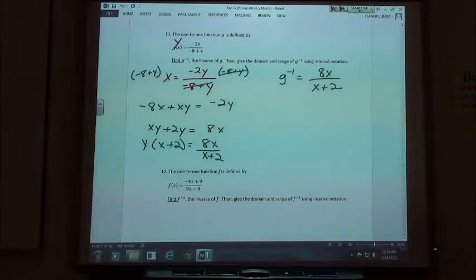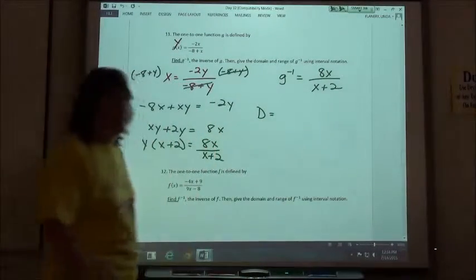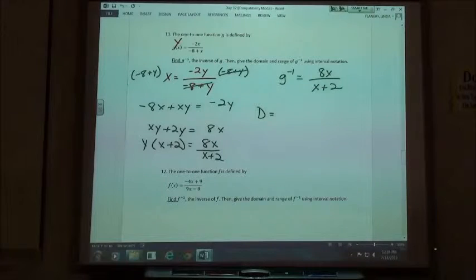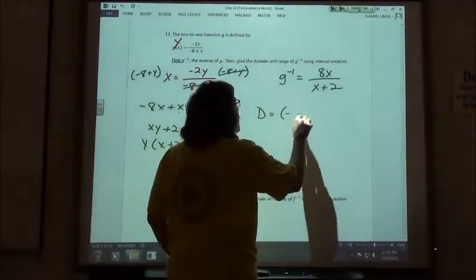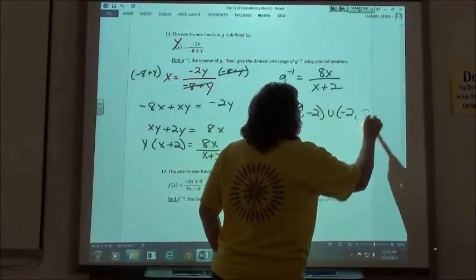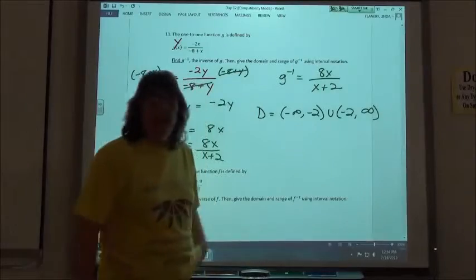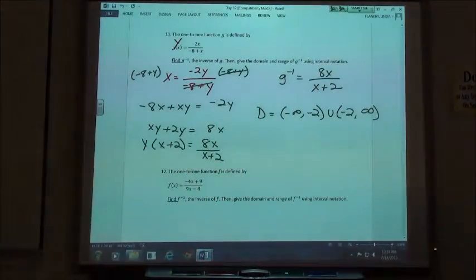So the domain of my inverse function is negative 2. I can't have a negative 2. So I'm going to go from negative infinity to negative 2, and then from negative 2 to positive infinity, right? The x plus 2 can't equal 0, so I can't have negative 2.